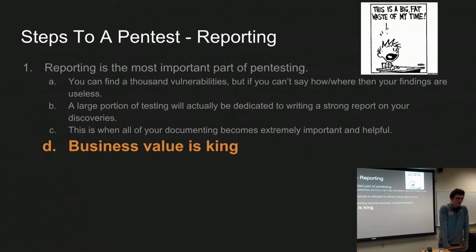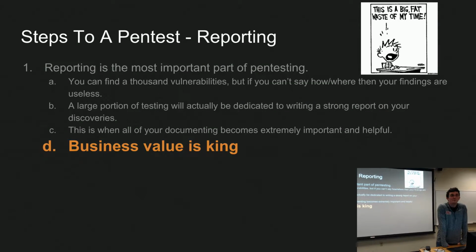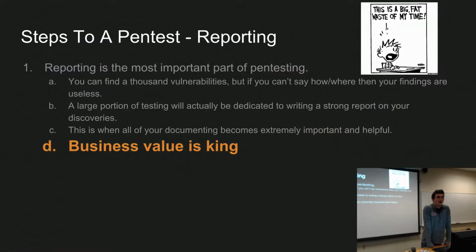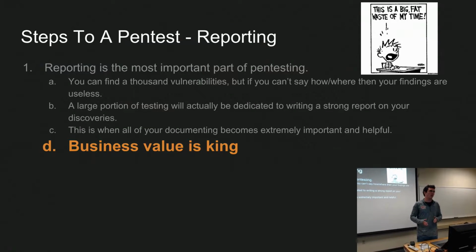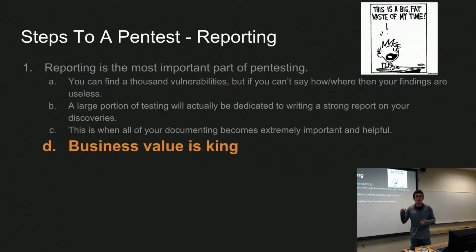So, like I was saying earlier, the business value is so important to the report you're giving them. The report needs to define these are the things we're giving, and if you can't describe in a reasonable way to someone what the vulnerability is, why it's there, and how to fix it, you're not going to do well.